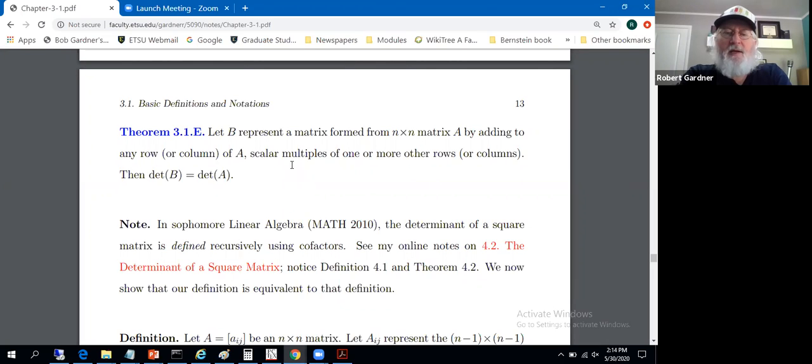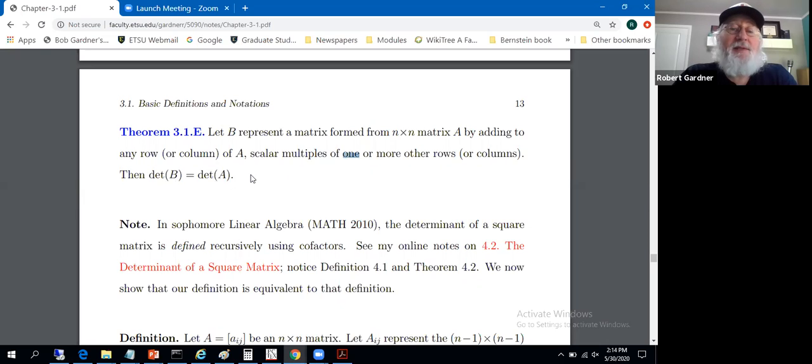They've added to one row multiples of several of the rows, some linear combination of the other rows. So it's adding a multiple of one row to a row several times. So this is stated for adding a multiple of one or more rows. We could show it for one row and then claim induction.